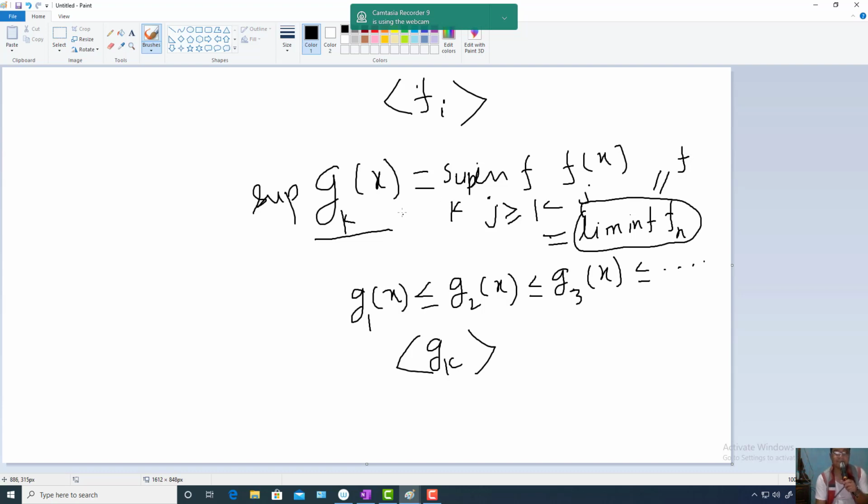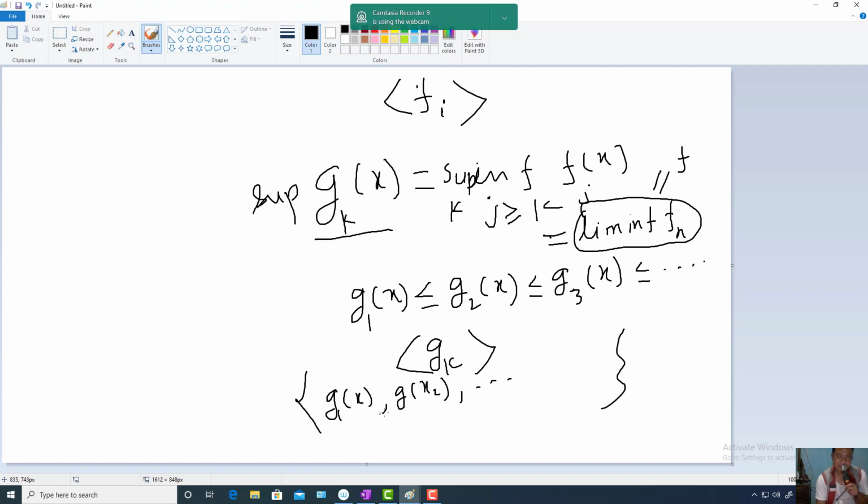Okay, so again we are going to take the supremum over k, that means k running from 1 to infinity. Suppose you have g1(x), g2(x), and it goes on. You have a sequence of real numbers, and this sequence of real numbers is increasing.